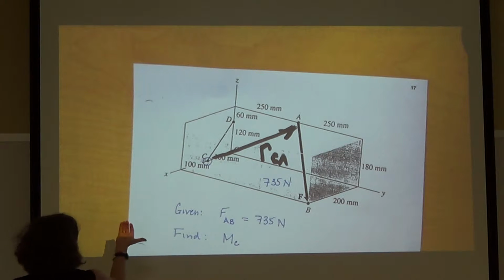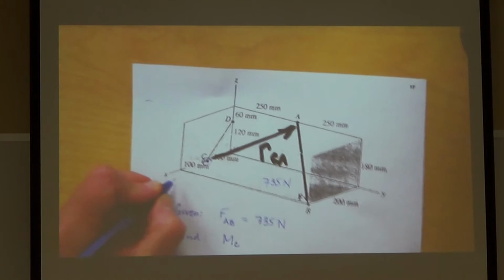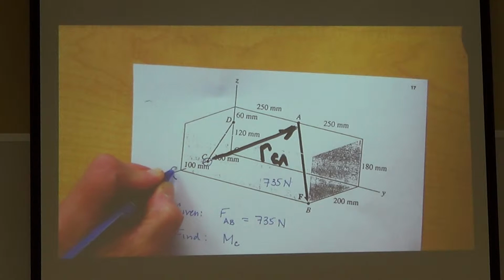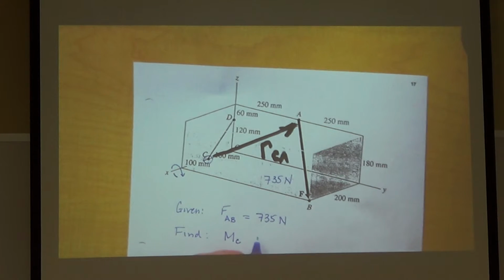In the negative. So it's spinning this way. So did I just draw the spin correctly? It's a negative spin. I got MC to be negative 180i plus 36j minus 150k Newton meter.